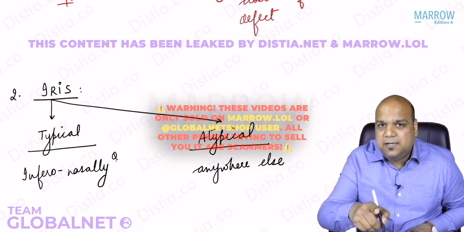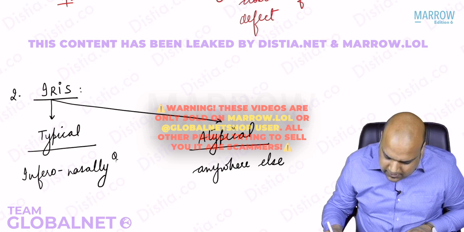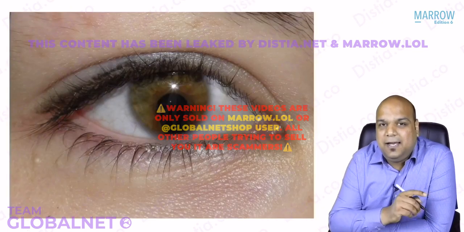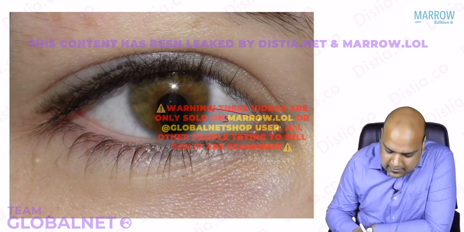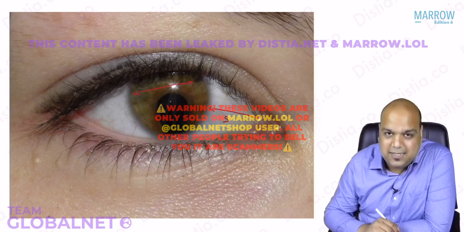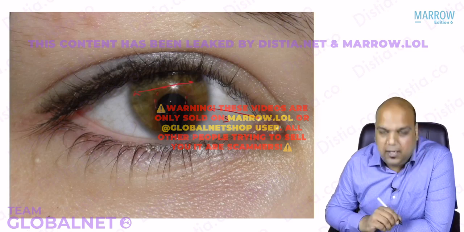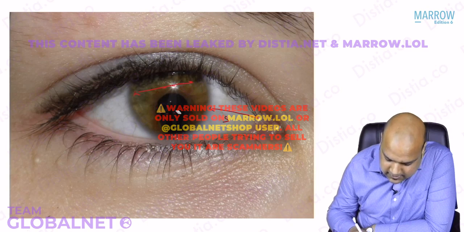Okay. Let us first see a photograph of iris coloboma and then we will discuss it further. So everybody, let's see this image. In this image, are we able to see some abnormality in the iris? If not, let's see. Again, I will go back to the basics. This is your sclera. The central part is your cornea. In the cornea, all this brown tissue that you can see is your iris. The pupil should have been a circle, but it is not a circle.